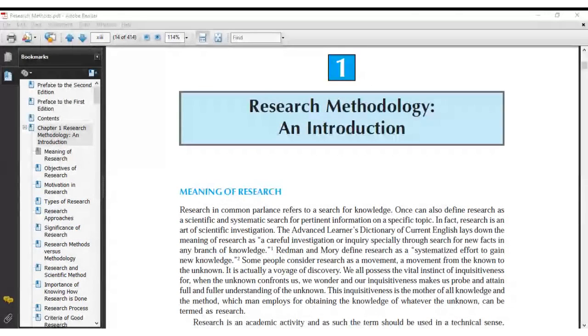So here we are. We have the PDF, so we can go through the PDF now. Now let us define the term research. Research is a procedural activity that involves gathering data, collecting data and finding data in order to solve a certain problem.